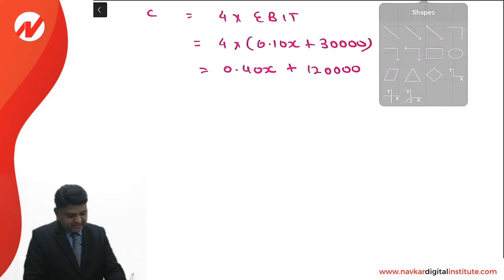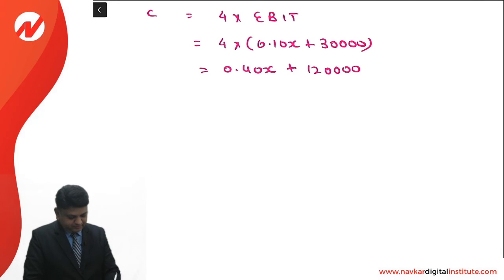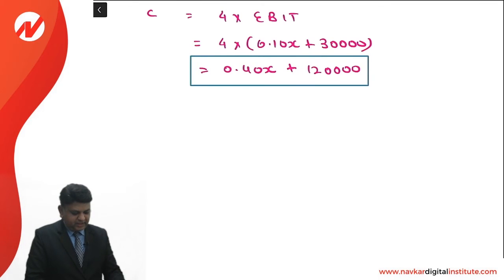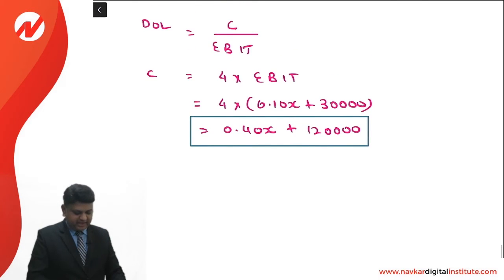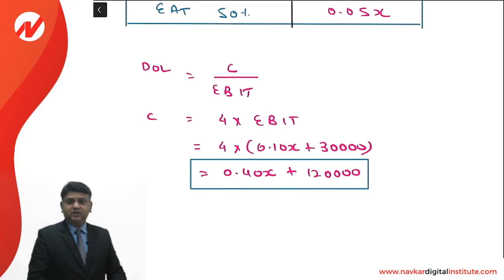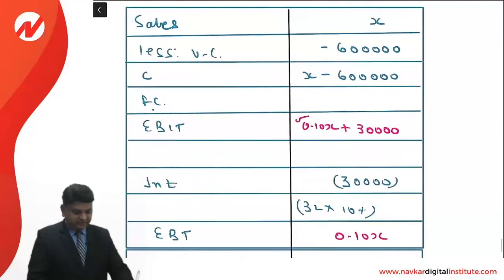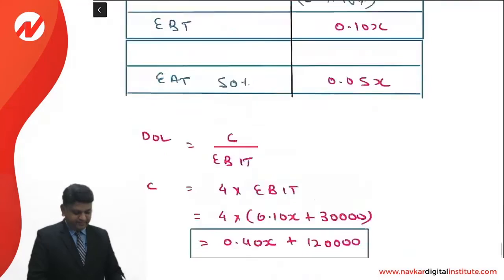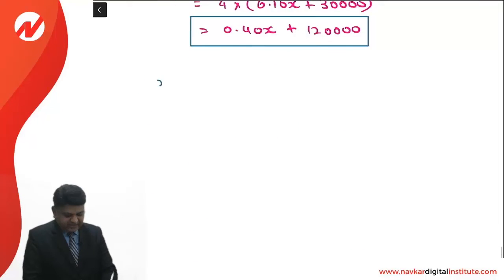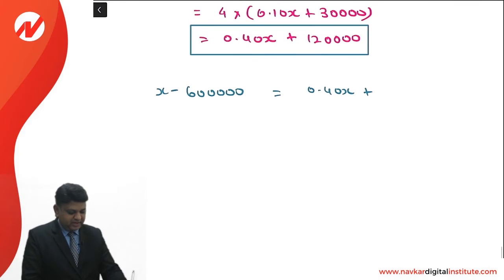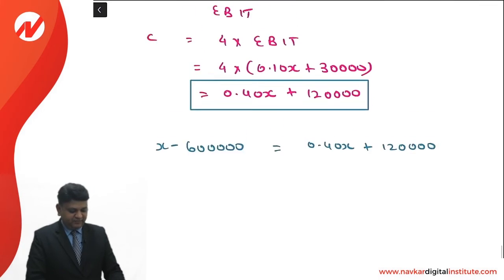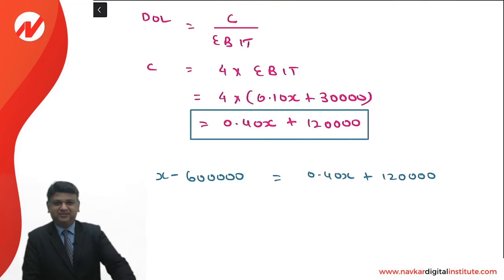This is the way we can make the calculation of the contribution. It is 0.40x plus 1,20,000. For the purpose of contribution, we already have this value also. So we can say that x minus 6 lakhs is equal to 0.4x plus 1,20,000.